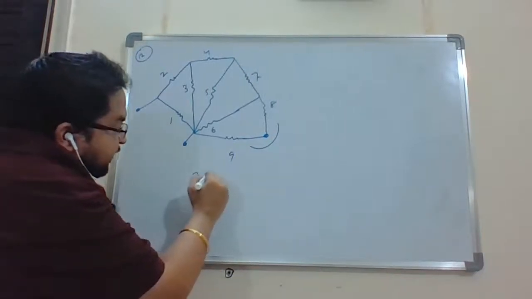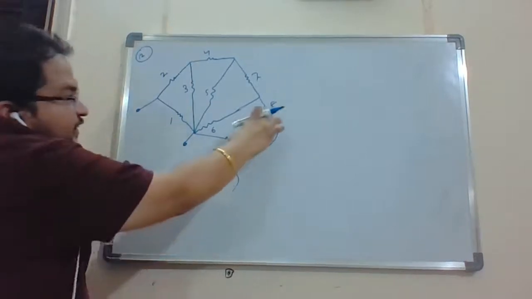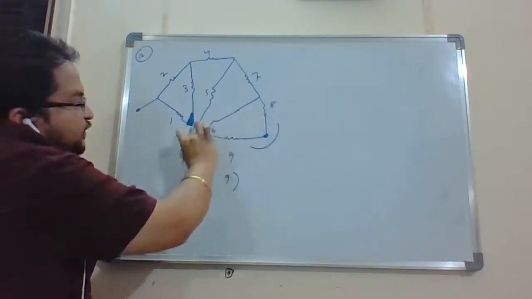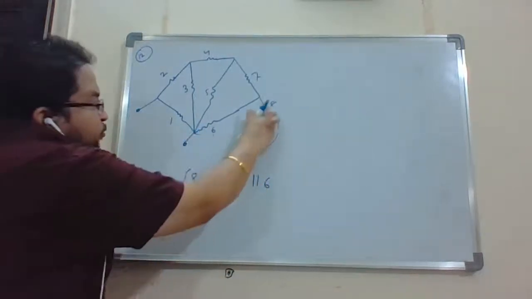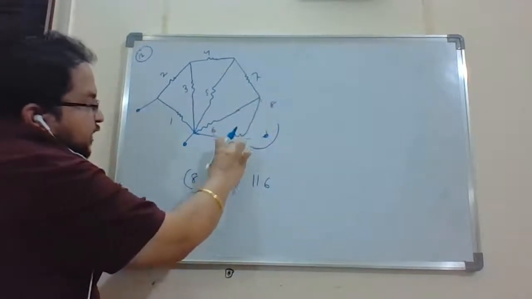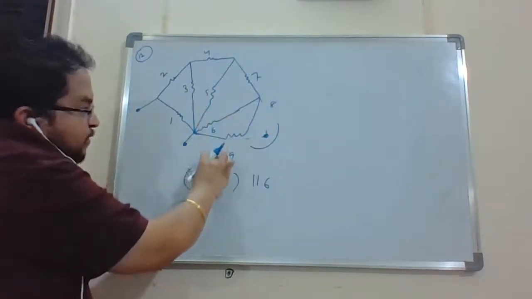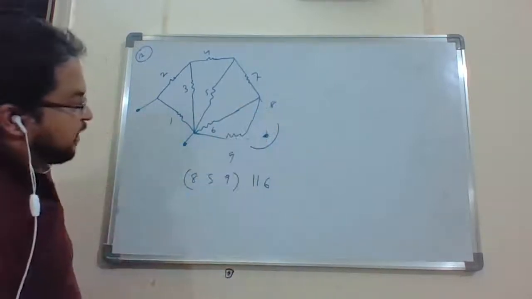So 8 is in series with 9. Then this entire thing is in parallel with 6. Why? Because if I remove both of these and put just one resistor here, that one and 6 are a happily married couple. You can complete a loop with them. So they are in parallel.